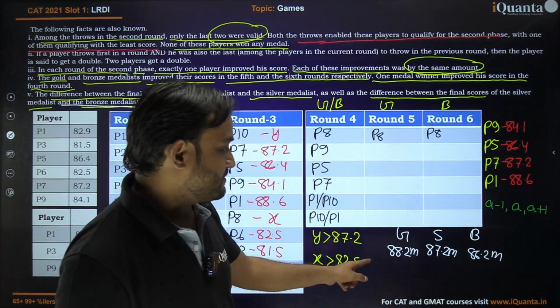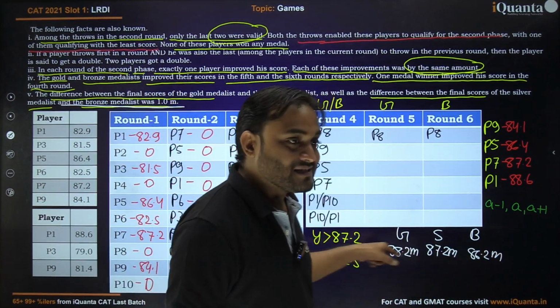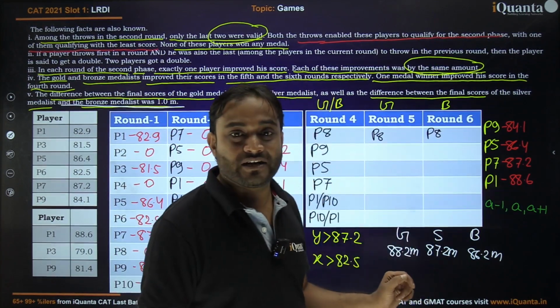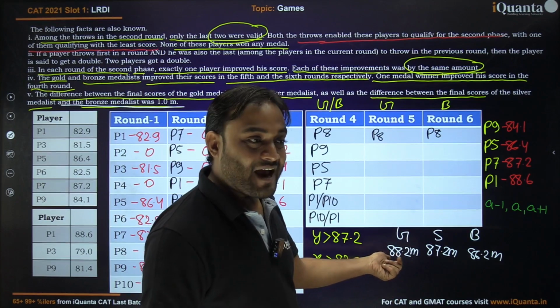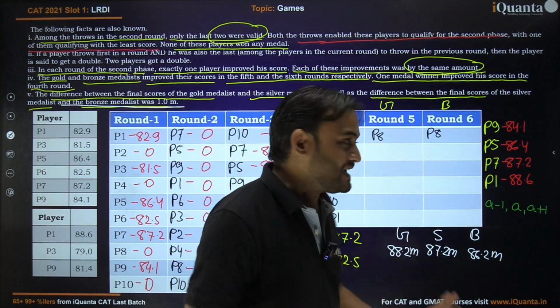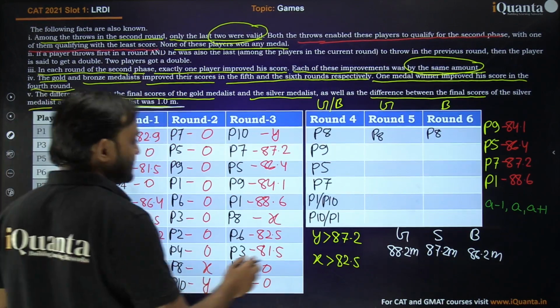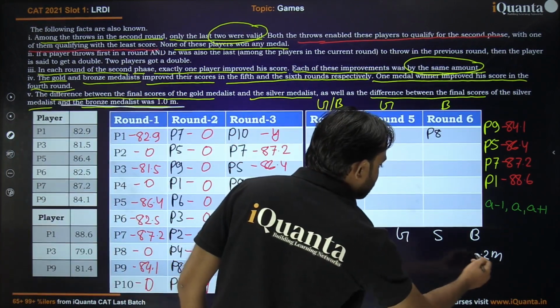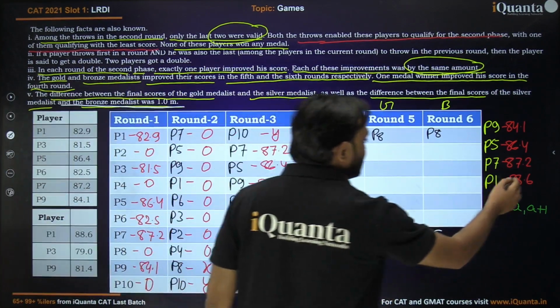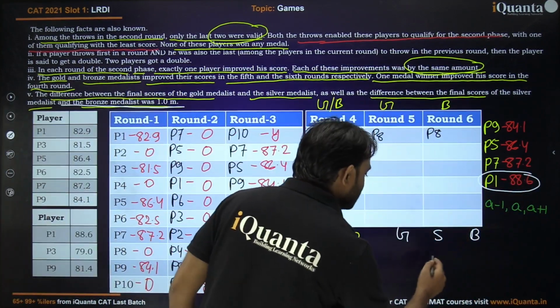Now you can see this doesn't satisfy here because P1 has already gotten 88.6, which is ahead of the gold medalist. Can we say P7 is not the silver medalist? So the only option left is P1 is our silver medalist.